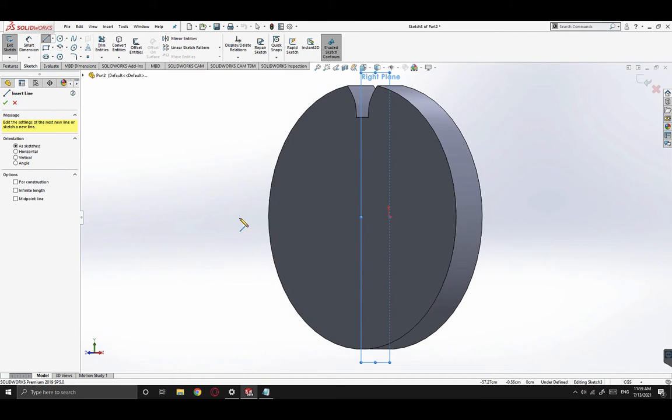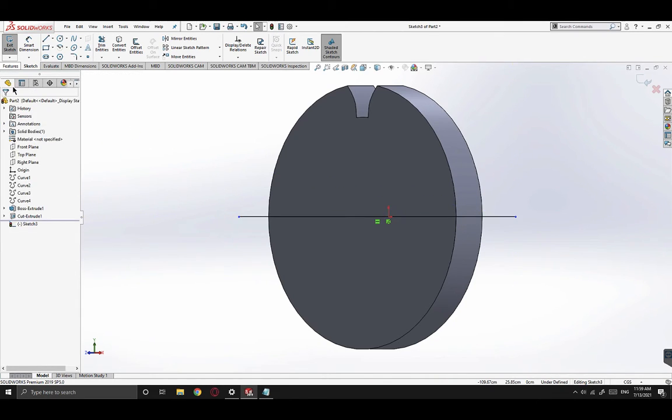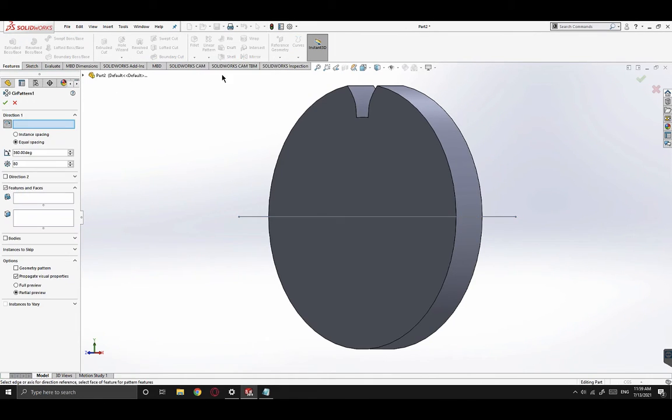Let's make a line. And now we can make it linear, circular, 360, the features and faces.